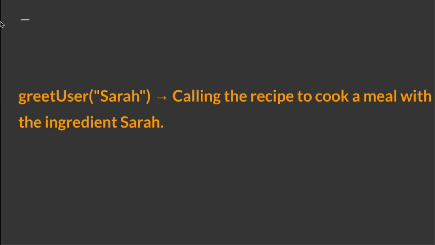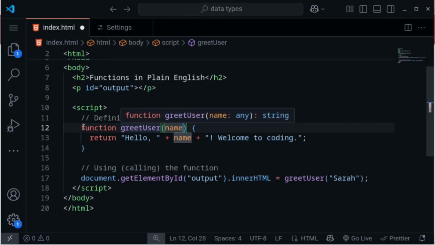So now let's assume you have something like this. You have greetUser("Sarah"). Now you are calling the recipe to cook a meal with ingredient Sarah. I'm going to explain all of this. So let me go back to the HTML environment so that you now understand what I'm trying to explain to you properly. Now this is the HTML. If you look at the way I explained it the other time, you write function, greet, then name.